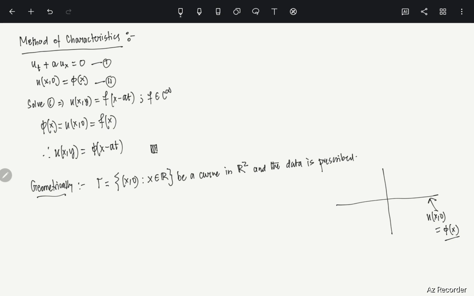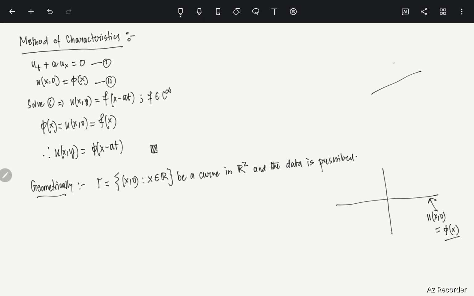Now the solution which we want to construct: if you look at its graph, think of it like this.